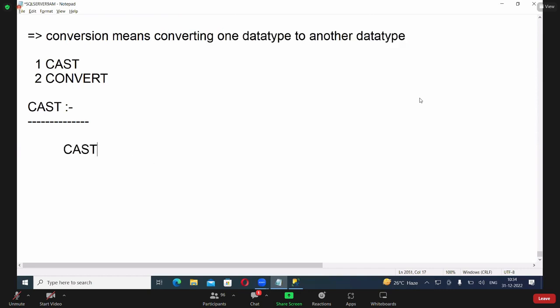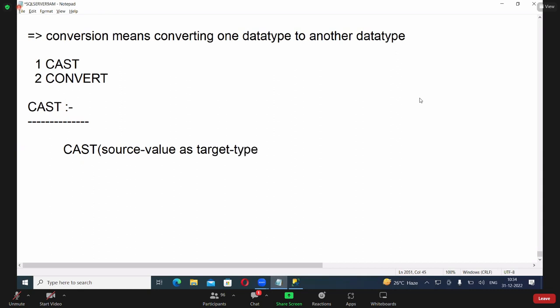How to use this function? CAST of source value AS target type.